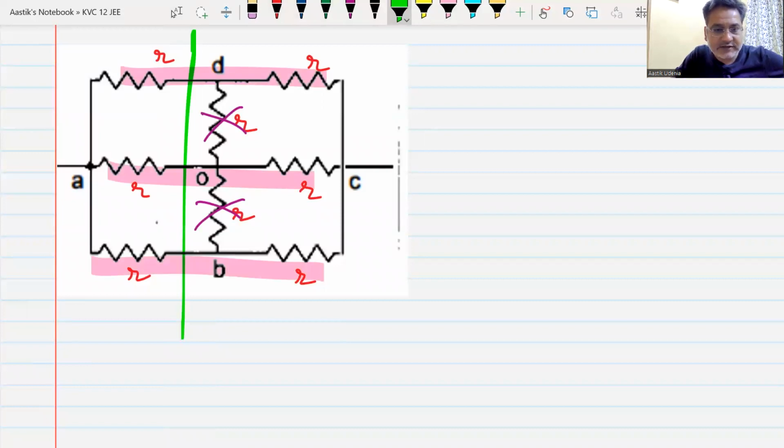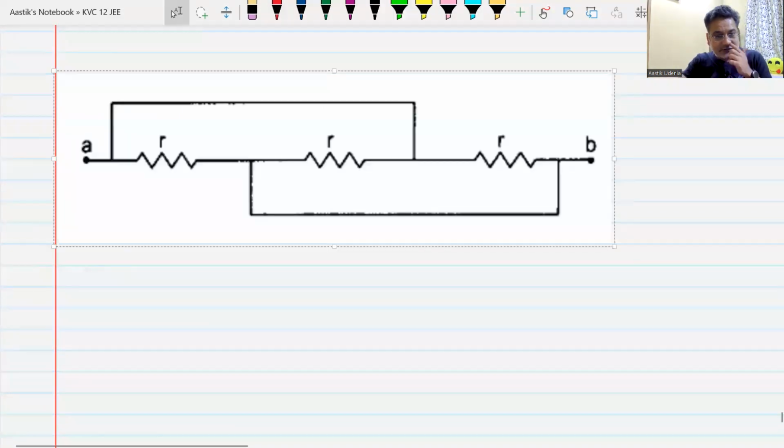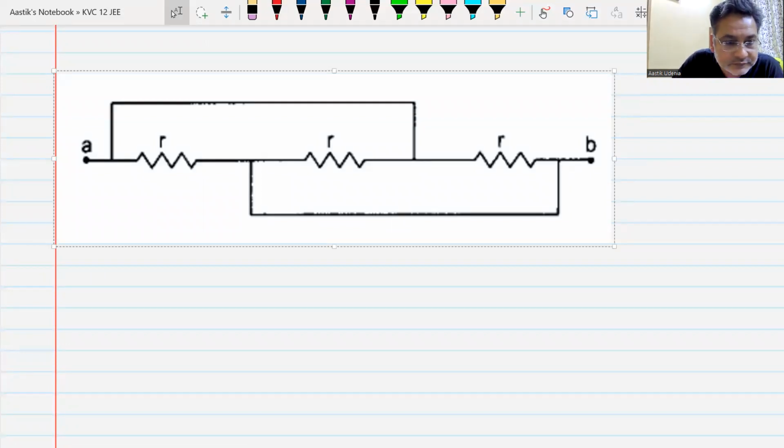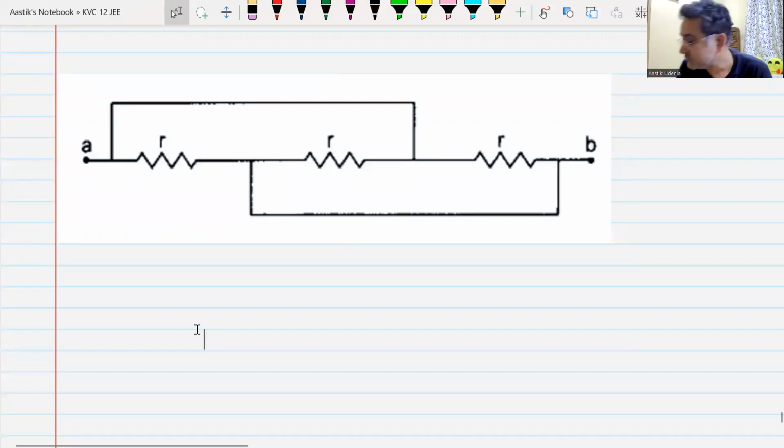We have already done this, but again, give me the answer fast so that this entire book is covered. This one. What is the answer for this one? You need to find the equivalent resistance between A and B.